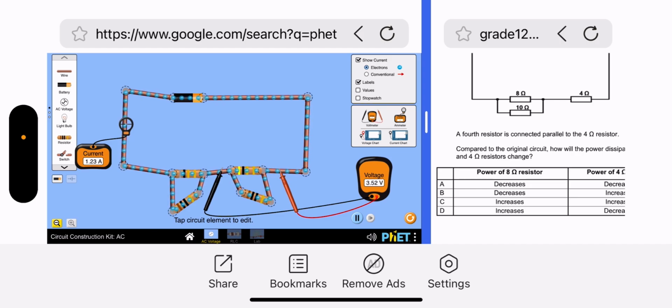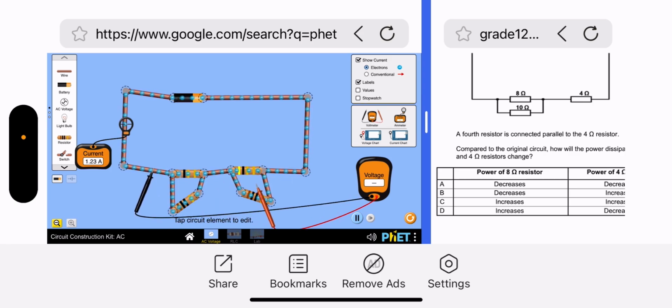So if the voltage decreases, remember P is equal to VI. If the voltage is going to decrease, then our power will decrease as well. But do you see what happened to the current? Previously, the current was 1,07, if I'm not mistaken, right? Now it has increased, okay? So we are expecting the power across the 8 ohm and 10 ohm parallel connection to actually increase over there.